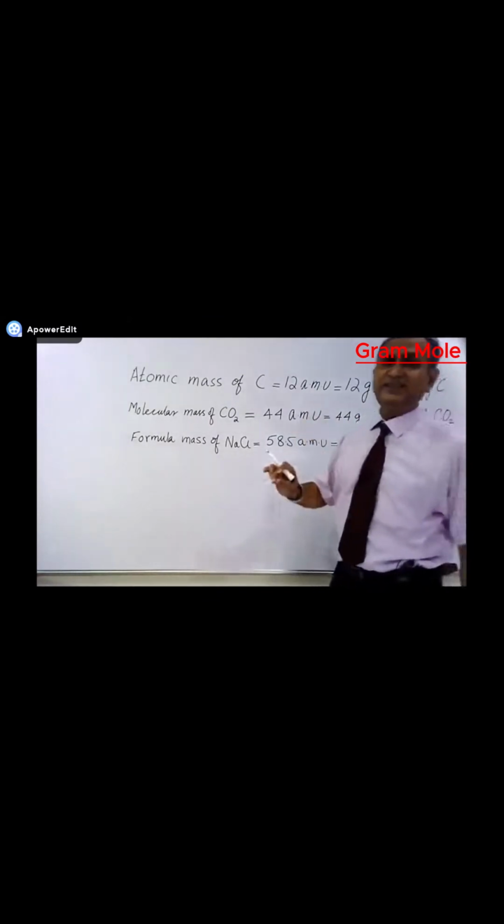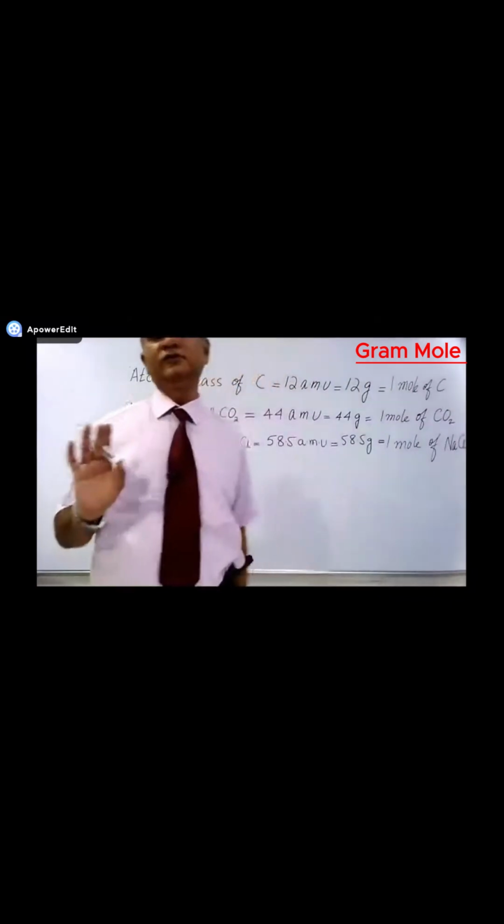So what is the definition of mole? The bookish definition: the atomic mass, molecular mass, the formula mass, when expressed in gram, will be called 1 mole of that compound. It means 1 mole itself has no particular value.